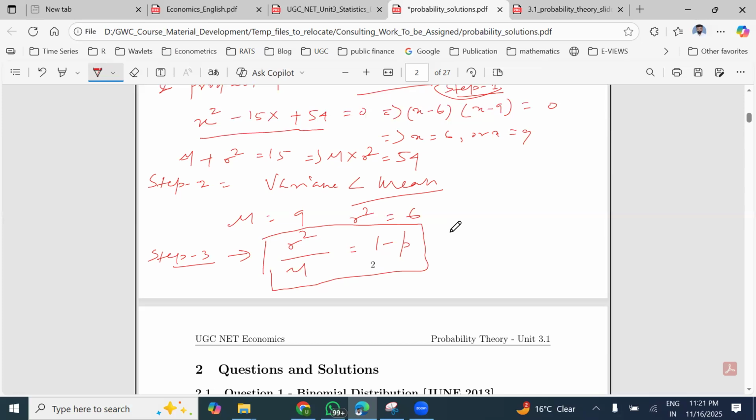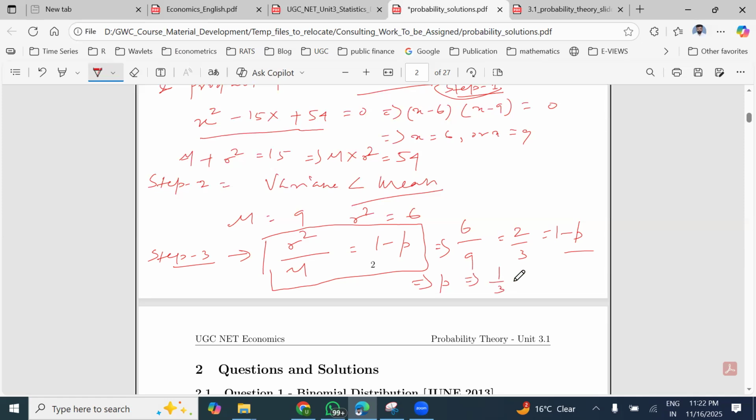Now put the values: 6 upon 9 is 2 by 3, which equals 1 minus p. So p is 1 minus 2 by 3, which is 1 by 3.